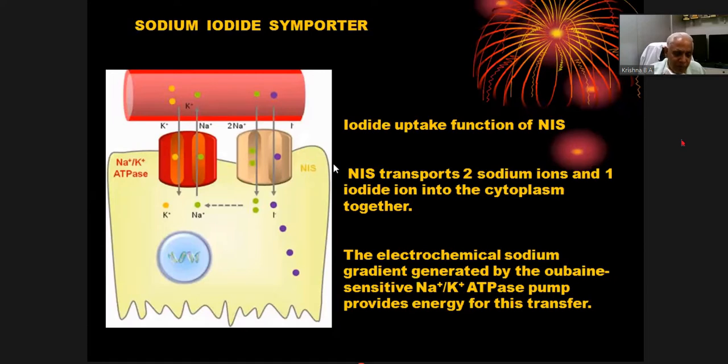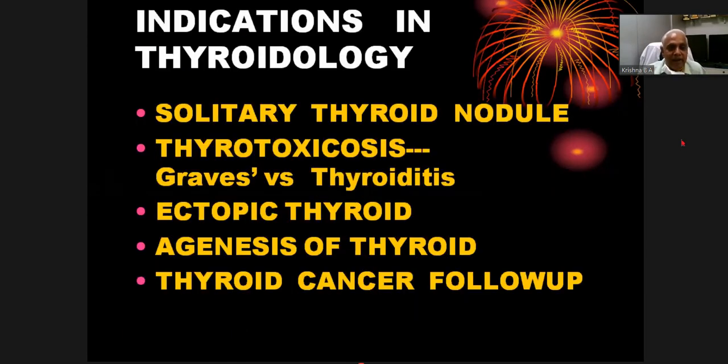So, for a thyrocyte to accumulate iodine, sodium iodide symporter function is very critical. When the sodium iodide symporter is not there, the thyrocyte cannot accumulate iodine. This is a fundamental point you must remember, because later on in thyroid cancer, this concept comes back again.